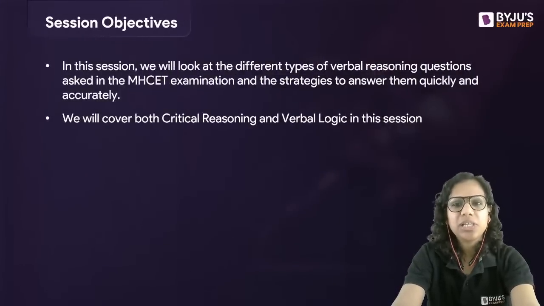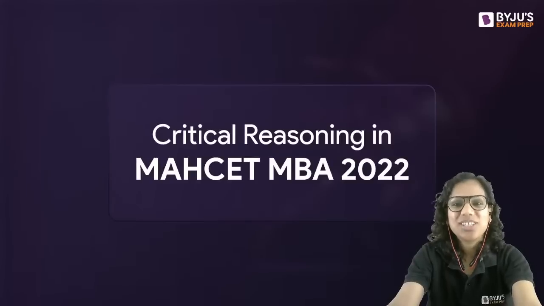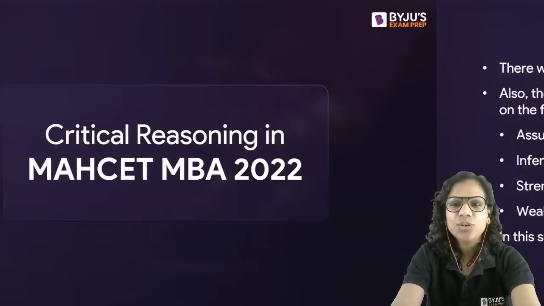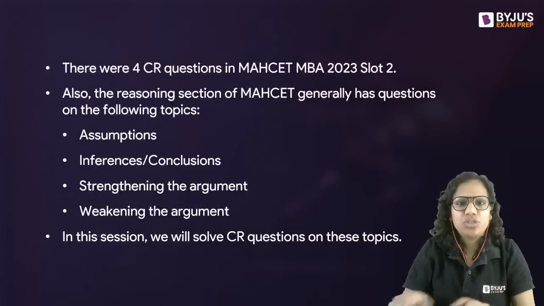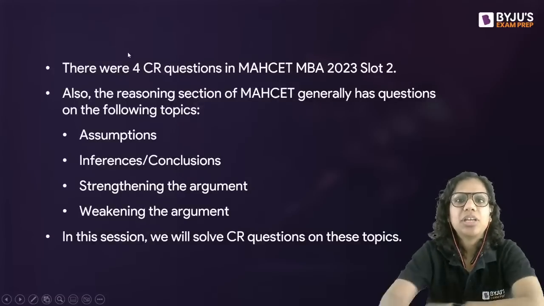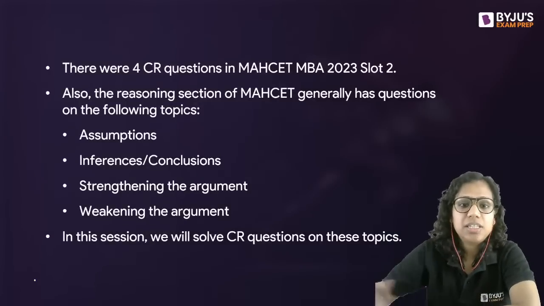Of course, we'll cover both critical reasoning and verbal logic today. And the ultimate objective is that your accuracy increases in these question types. So what kind of questions appear in MHCET in critical reasoning? If I talk about MHCET 2022, we had 4 critical reasoning questions there.